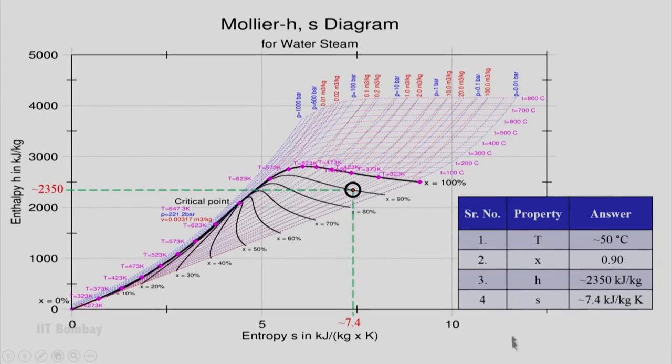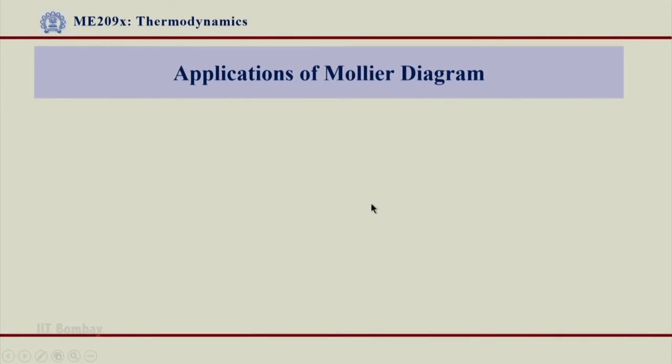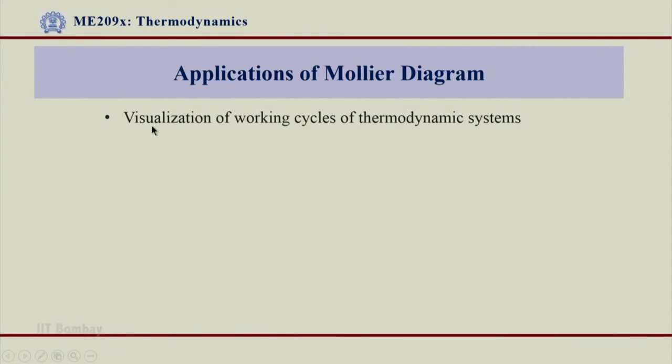So, a lot of information has been conveyed from this chart, and one can especially use it when you want to refer to processes or cycles that could be shown directly on the Mollier chart. One can therefore see what part of the cycle lies in a two-phase region or a single phase region, and get a lot of knowledge about the cycle or the process itself. So, various applications of the Mollier diagram: visualization of working cycles of thermodynamic systems, of which I just talked about.